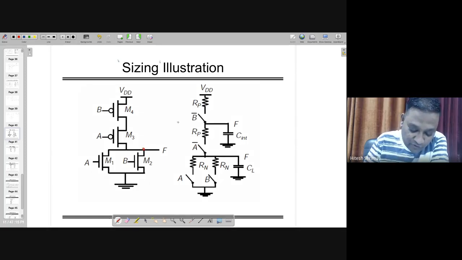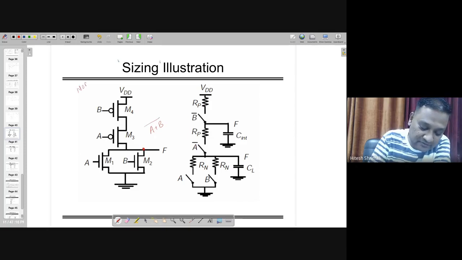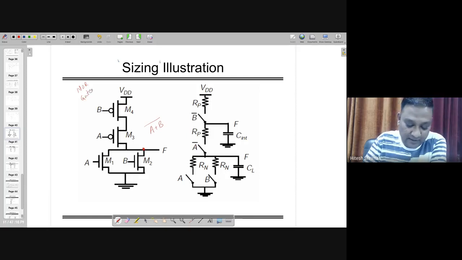If I want to find out which gate it is, I can look at the pull-down network. Both the transistors are in parallel, so I can write it as A or B, but as this is connecting to 0, I need to write the bar. So this is a NOR gate, right? And I need to find out the sizing of this particular logic gate.